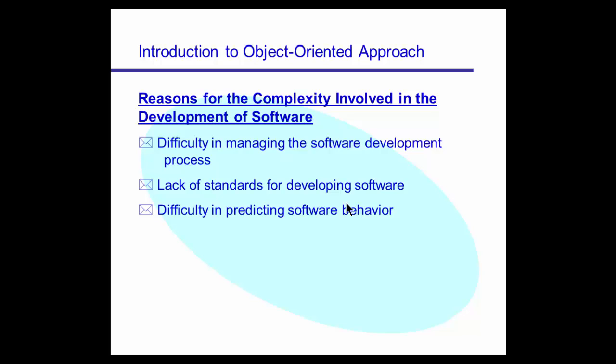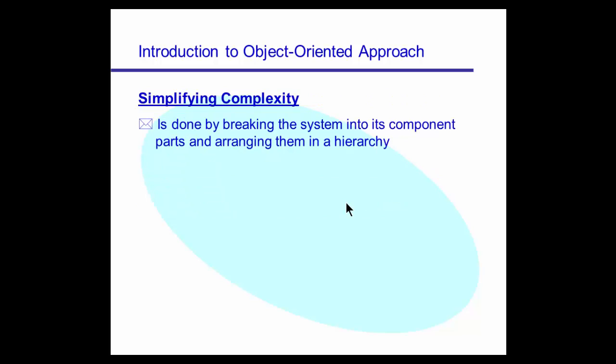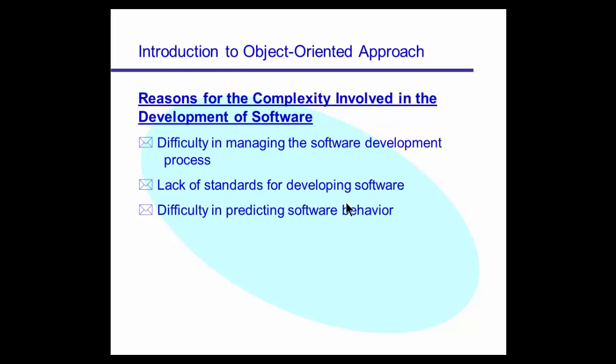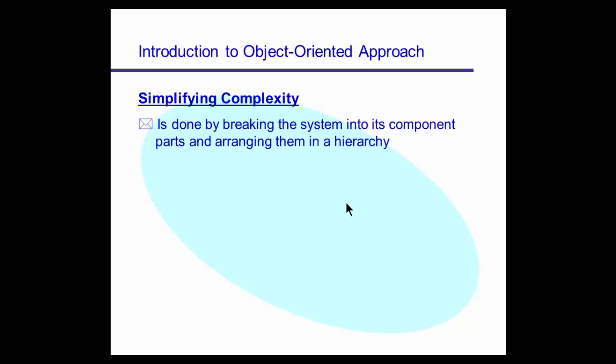Next we'll move on to simplifying the complexity. Until now we have seen how complexity arises, the various kinds of complexities, and the reasons for the complexity involved in the software development process. We can simplify the complexity in developing software systems or software projects by breaking the system into component parts and arranging them in a hierarchy.